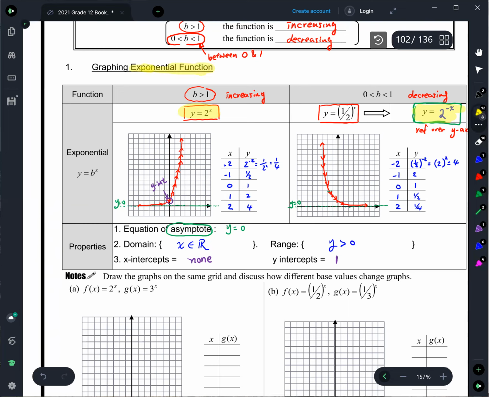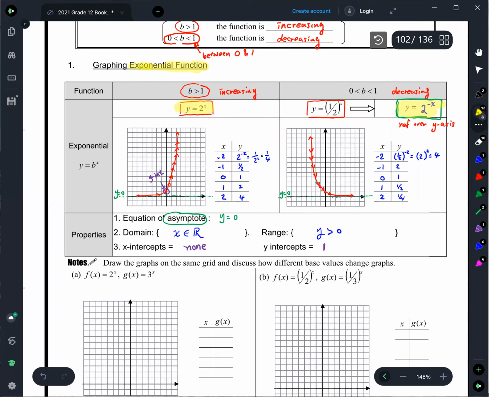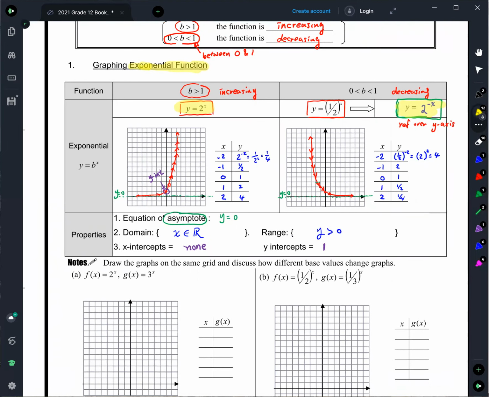An exponential function has a base, and if the base is greater than 1, then the function will be increasing. If the base is between 0 and 1, like 1/2 or 1/3 or 2/3, anything that's 0 point something, then the graph will be decreasing, going downwards.